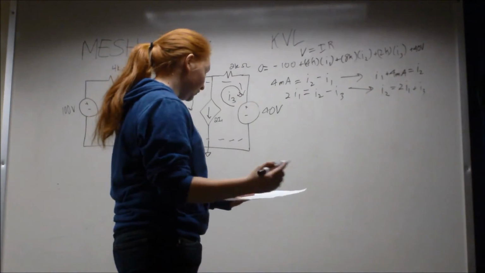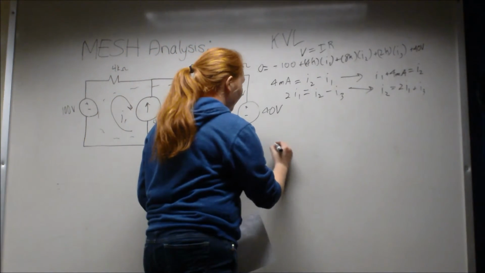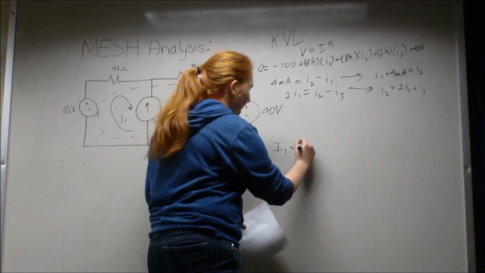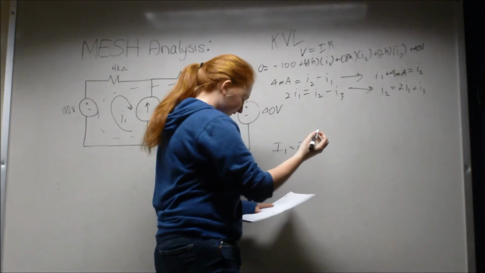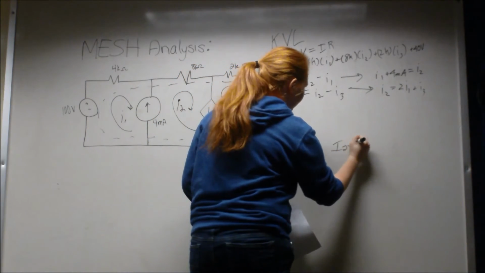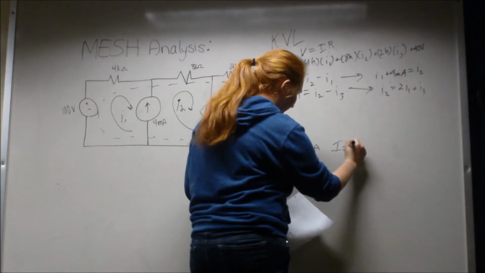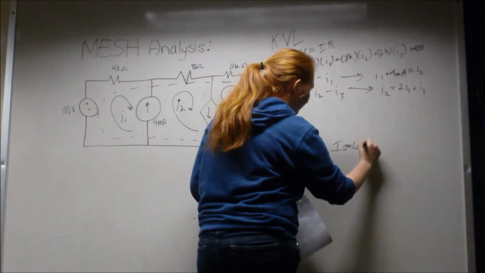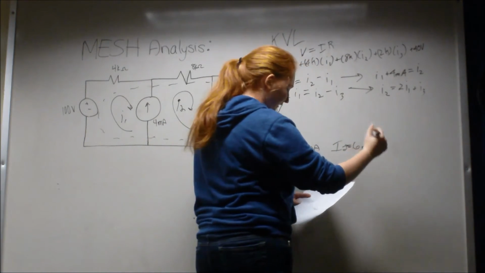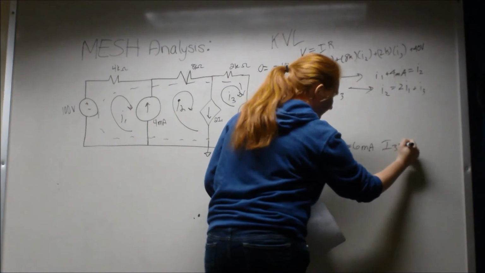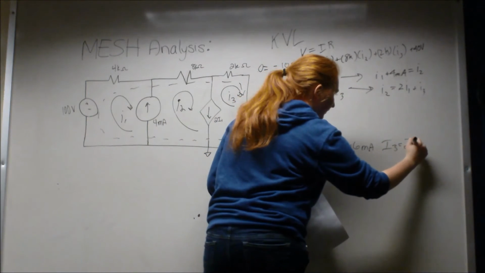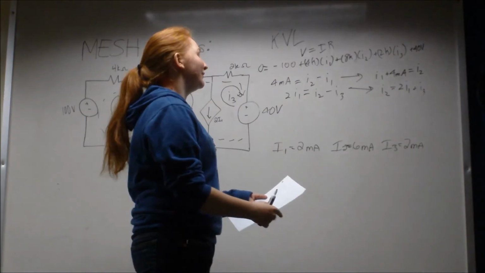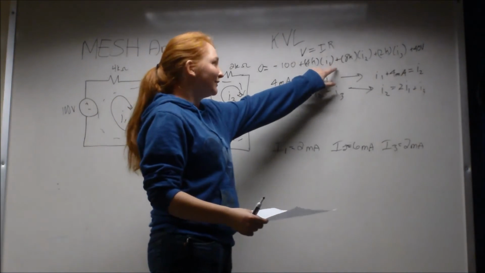Answers you should get are I1 is equal to 2 milliamps, I2 is equal to 6 milliamps, and I3 is equal to 2 milliamps. You can take I2 and plug it into the first equation.